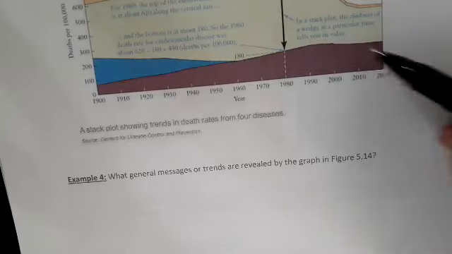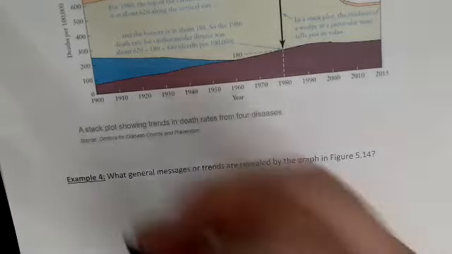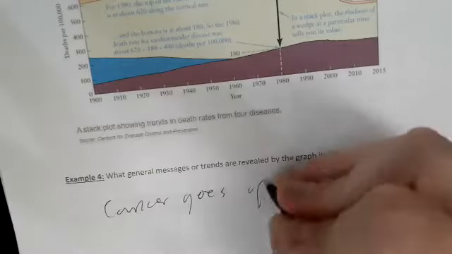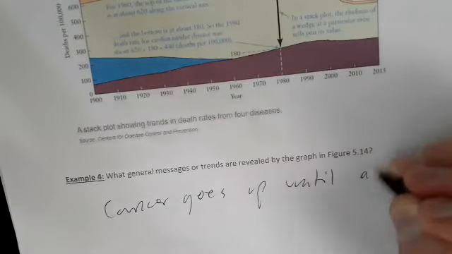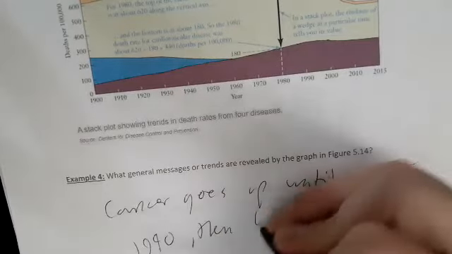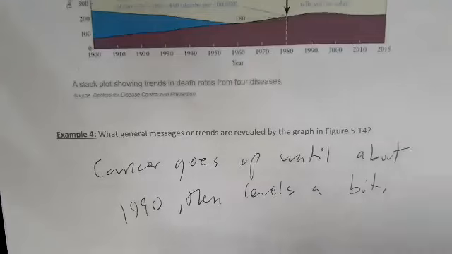It might even be going down a little bit, but I'd probably just say leveling out. So it's going to go up until about 1990, then level out a bit.